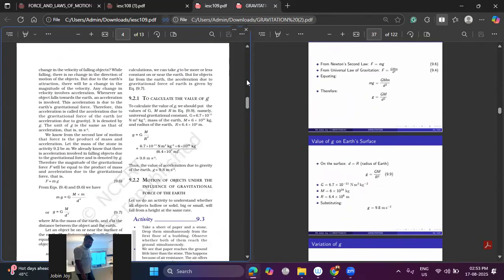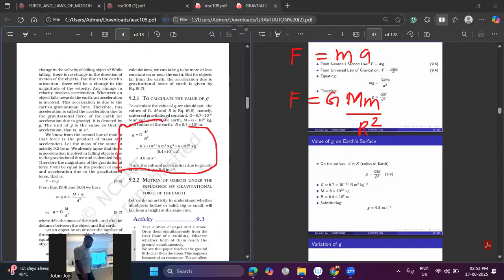Okay, so once again, first you write Newton's second law: F is mass into acceleration. Then the universal law of gravitation, F is equal to capital G, capital M, small m divided by d square. Then I will replace this d square with R square, where R is the radius of the earth. And then substitute the values.